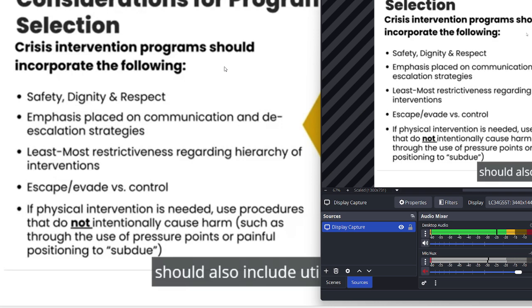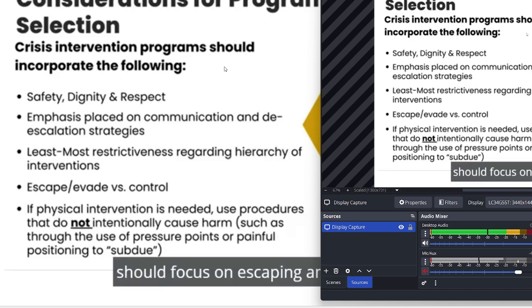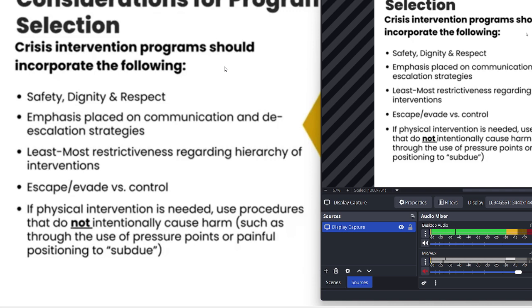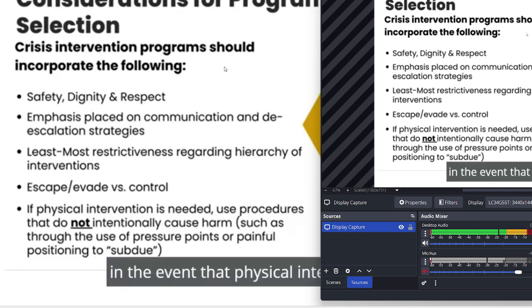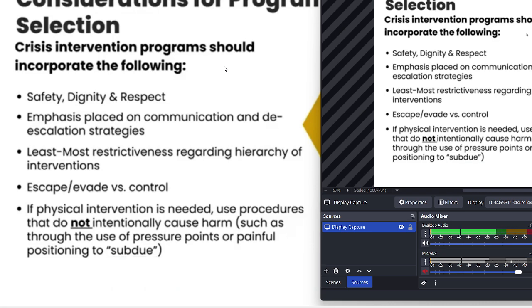It should also include utilizing interventions in a least to most restrictiveness way regarding the hierarchy of interventions. It should focus on escaping and evading assault or crisis behavior versus controlling crisis behavior. And in the event that physical intervention is needed, use procedures that do not intentionally cause harm, such as through the use of pressure points or painful positioning to subdue an individual.